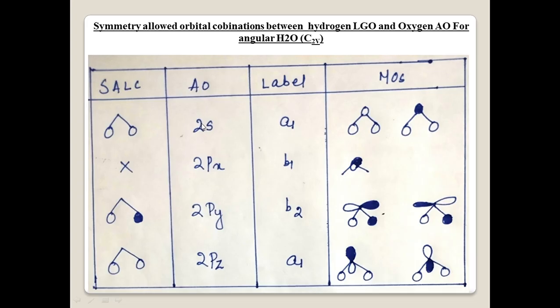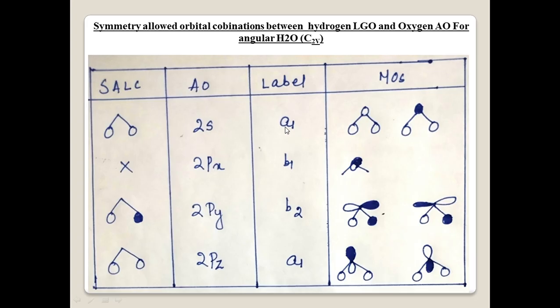2s is spherical in nature, so it can be combined with this LGO of hydrogen, and there are two possibilities. 2s may form bonding or antibonding with this LGO of hydrogen. So the structure will be like this if bonding, and like this if it forms antibonding.